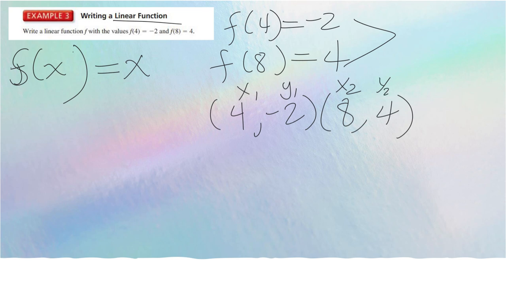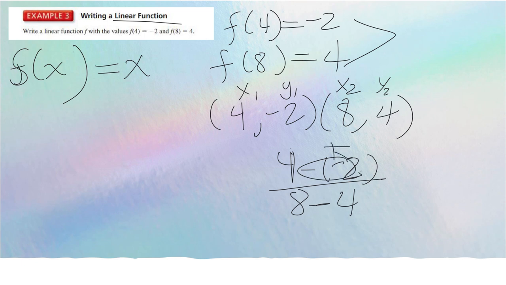How do I find my slope now? It's going to be 4 minus negative 2 over 8 minus 4. What's 4 plus 2? 6. And 8 minus 4 gives me 4. Simplified, m gives me 3 over 2, correct?